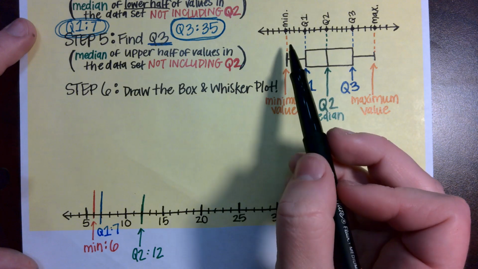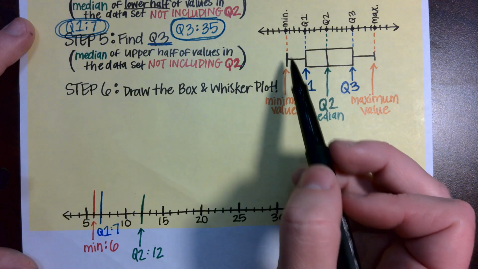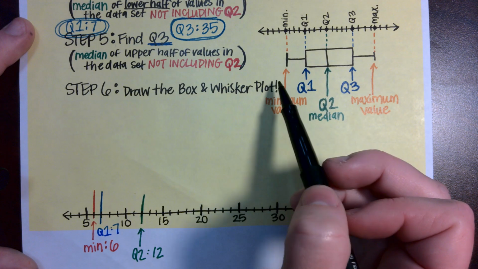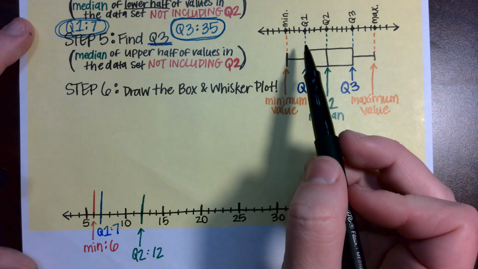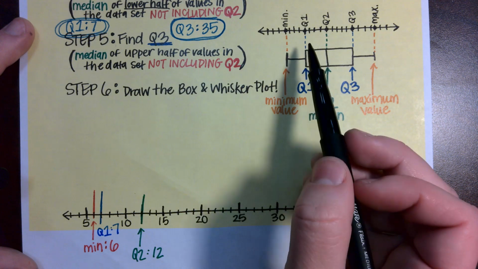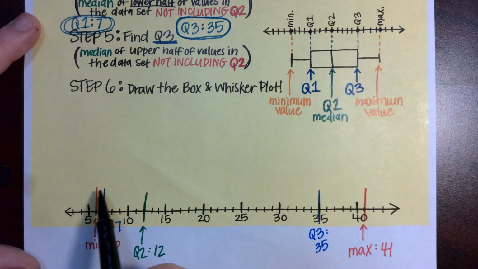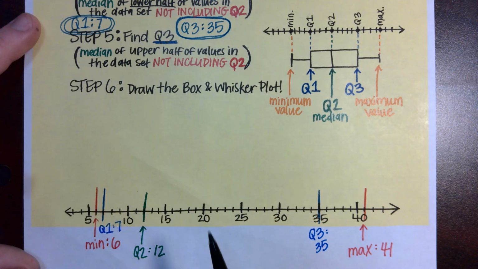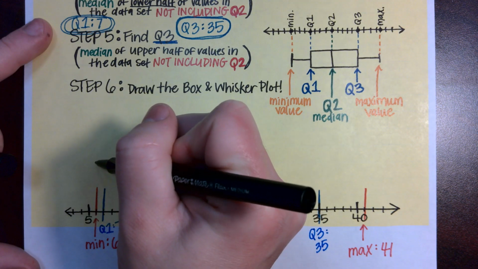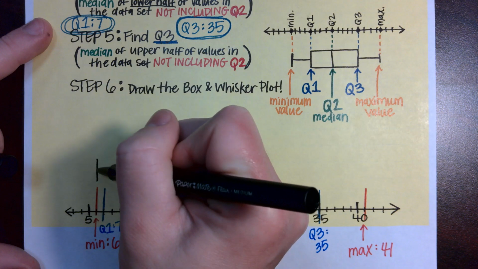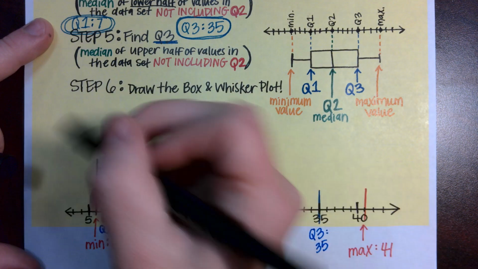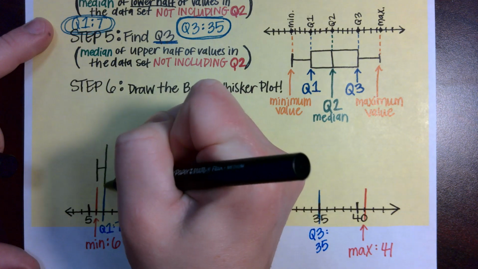The minimum value is where that end line lines up with, and the outer edge of the box is going to be where Q1 is. So we're going to have a very tiny whisker on this side, very tiny. I'm going to do something like this. Here's the outside, here's my whisker, here's my box.